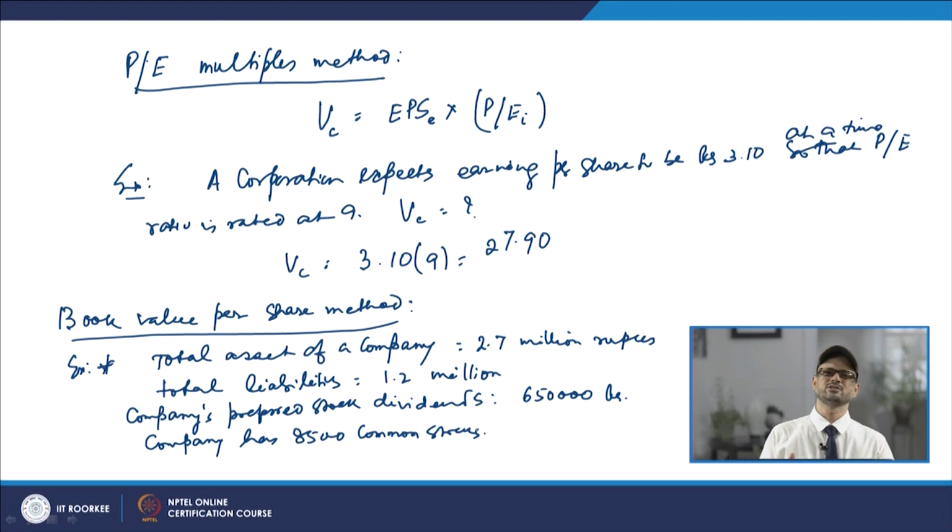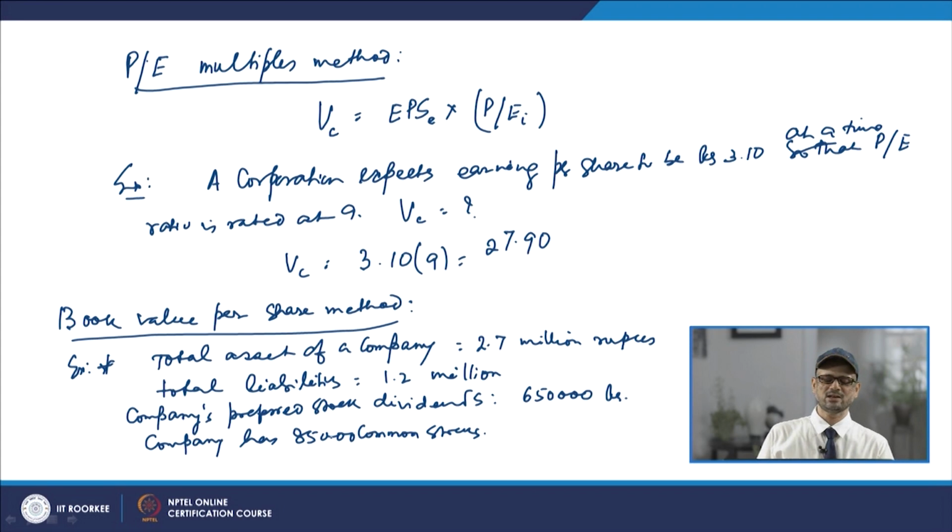So, what will be the value of this share? If you have to calculate, in that case you have 85,000 common stocks. You are going to have the assets as 2.7 million, 27 lakh.